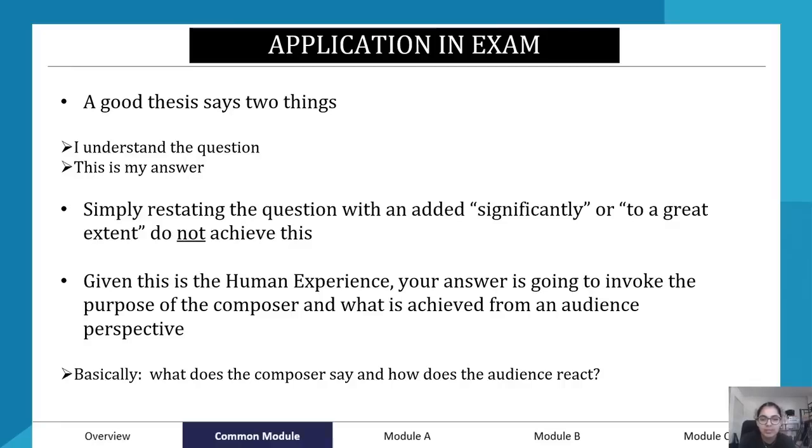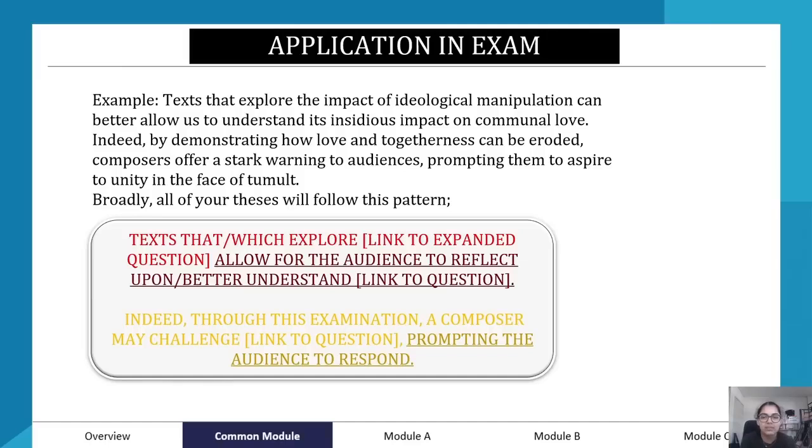So given this is the human experience, your answer is going to evoke the purpose of the composer and what is achieved from an audience perspective. Basically saying, what does the composer say, and then how is the audience reacting to that? So that's really, really important.